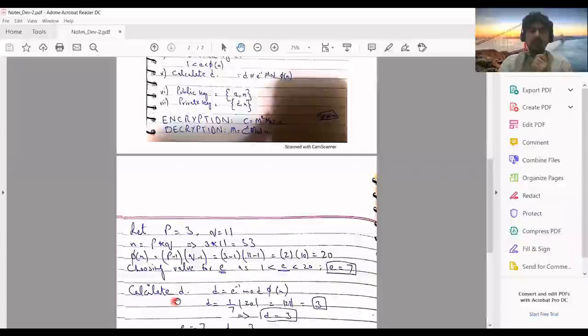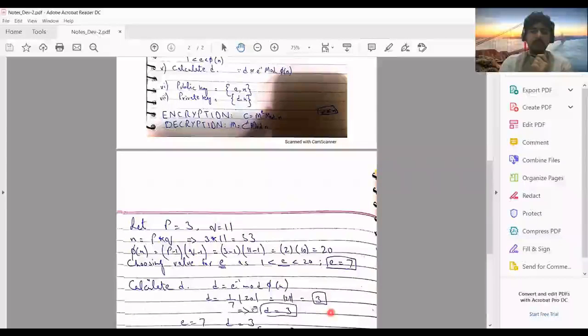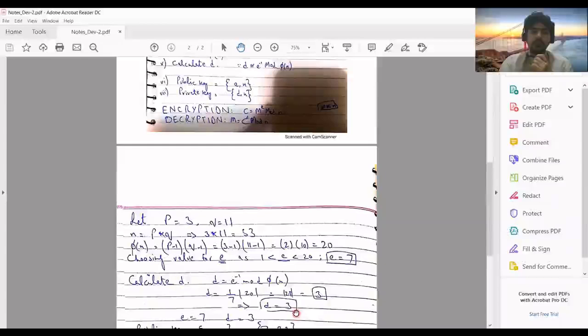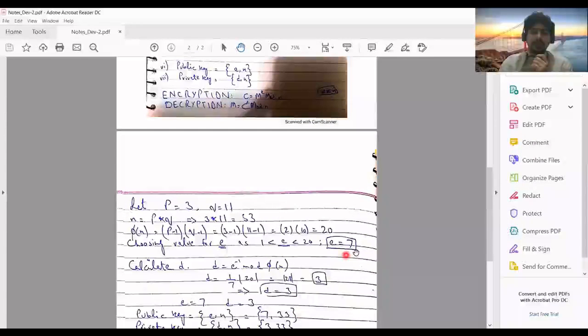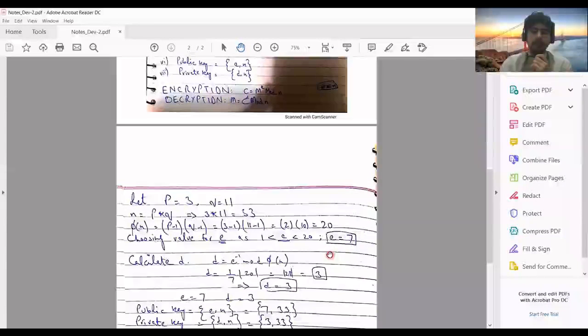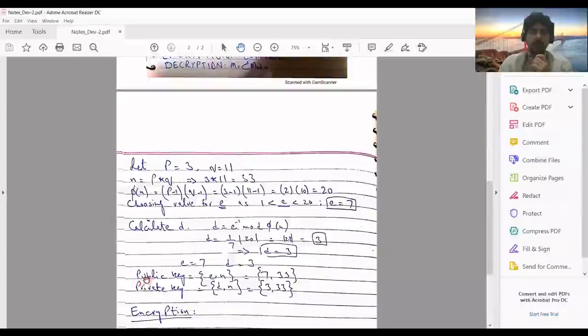Now calculating D, that was our fifth step. D was E inverse mod phi of n. So we take the inverse of E with phi of n. After calculating, it is going to be 3. So we have the value of D as 3, and our E was 7, which we already chose. So what are our public and private keys?